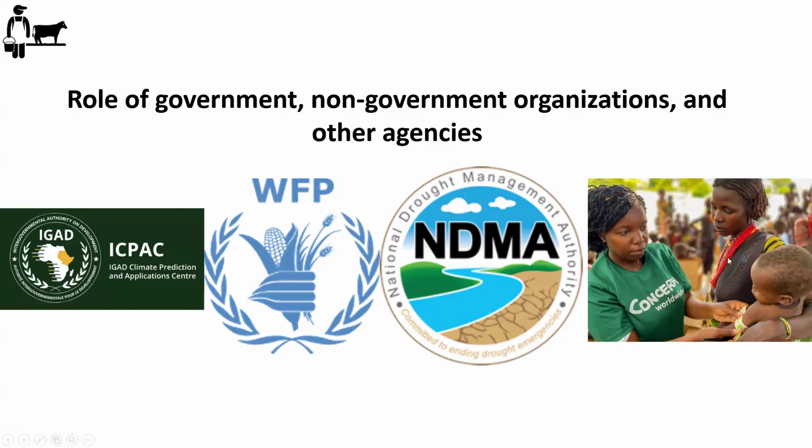And then there's the World Food Program and Concern, which are helping with food, nutrition, and education. And then NDMA, the National Drought Management Authority, which in addition to drought monitoring and forecasting, also has programs that help these communities be more resilient. They're supporting children in the region with programs to make sure they're going to school and getting food and nutrition supplements.